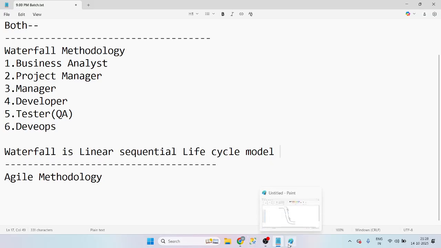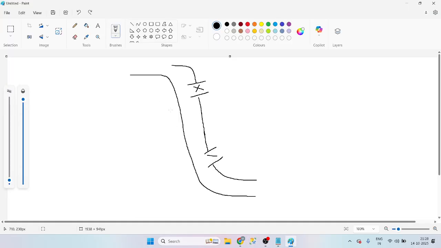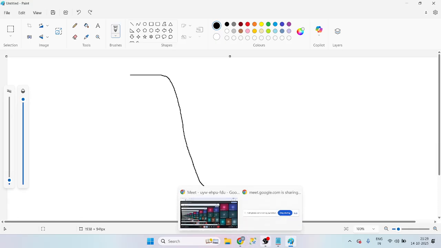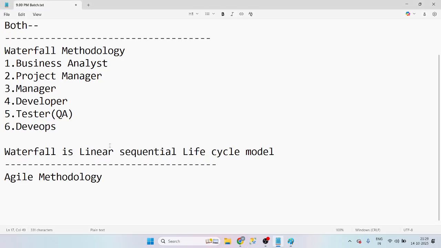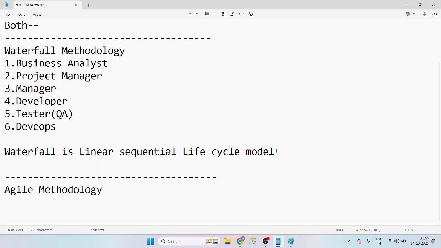That is the reason I have drawn a sketch like this, flowing from top to bottom. How does it flow from top to bottom without having any project? If we have a project, this flow will be in such a way that it follows the SDLC model.